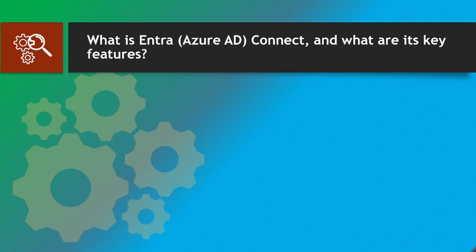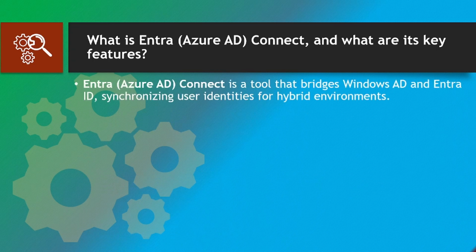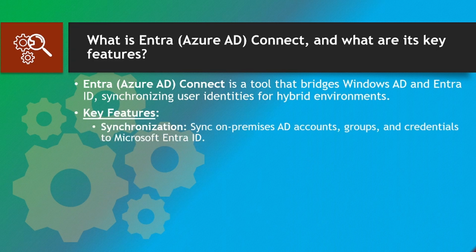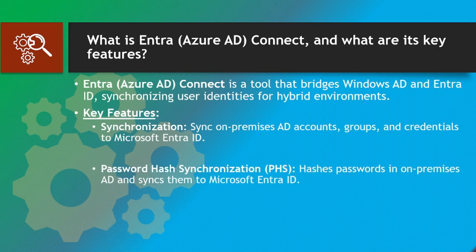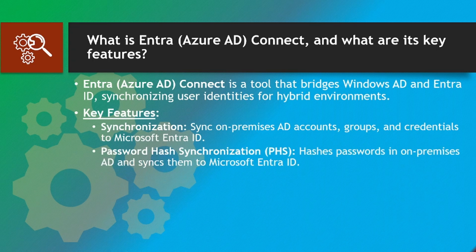Moving to the next question: what is Entra Azure AD Connect and what are its key features? Entra Azure AD Connect is a tool that bridges Windows AD and Entra ID, synchronizing user identities for a hybrid environment. The key features are synchronization: synchronize on-premises AD accounts, groups and credentials to Microsoft Entra ID. Password hash synchronization (PHS): hash passwords from on-premises AD and sync them to Microsoft Entra ID.